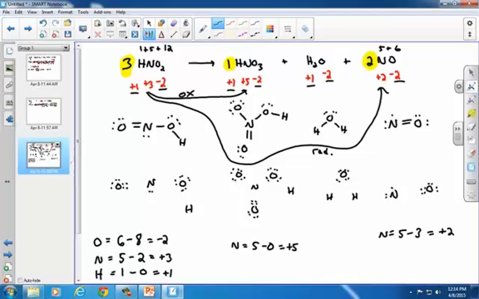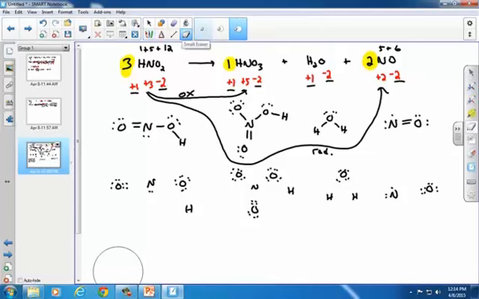Yeah, so the way to know for sure is to look to see what change occurs for an element's oxidation number in a reaction. Right? So let's look at a different reaction real quick, just to contrast with this one.